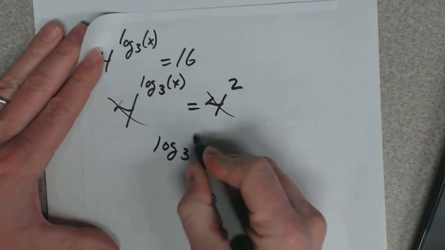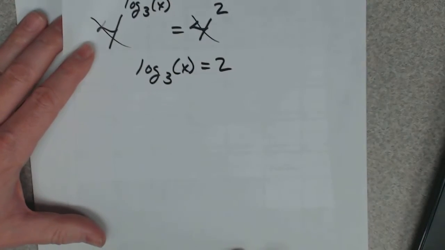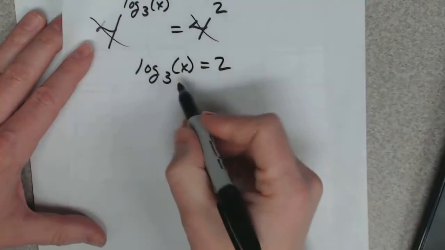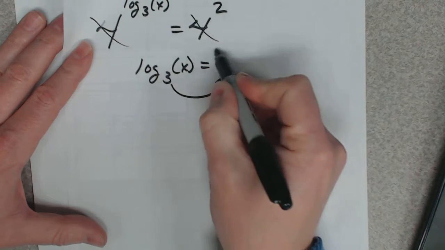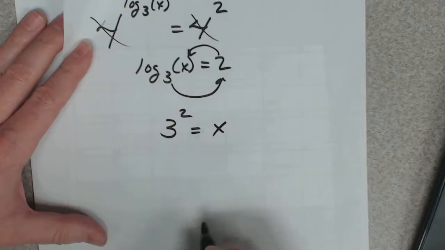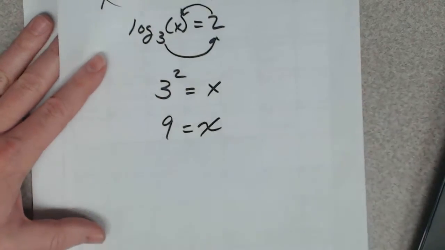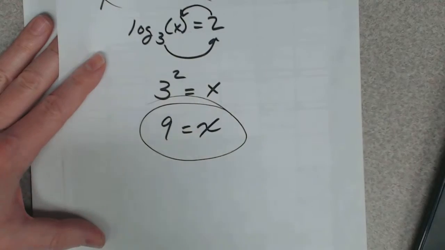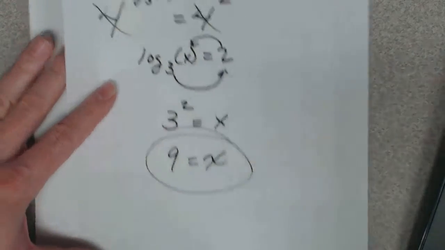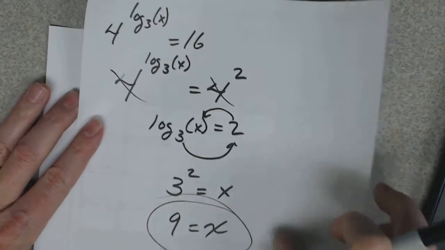Log base 3 of x is equal to 2. Remember what you do to rewrite this? 3 to that power equals that. And 3 squared, I don't need the calculator for that. 9. So your x value, way up there, is 9. Man, we're trucking right along here.